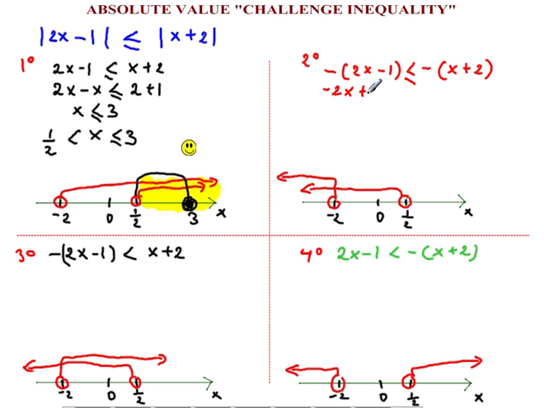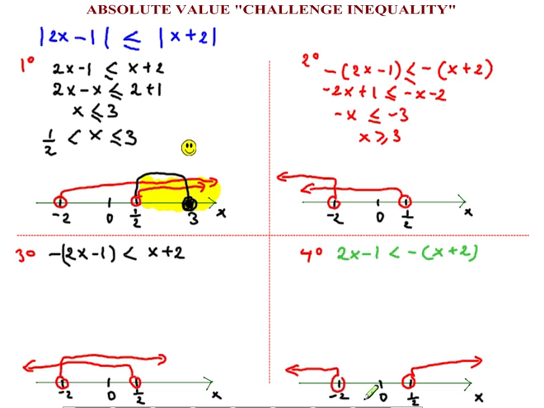-2x plus 1 less or equal -x minus 2. So what you're going to have here is -2x plus x, so -x, less or equal -2 minus 1, -3. So x is greater or equal 3.